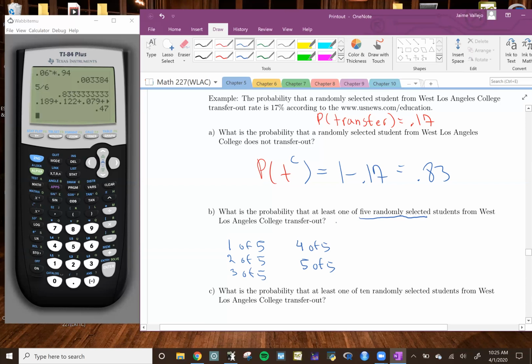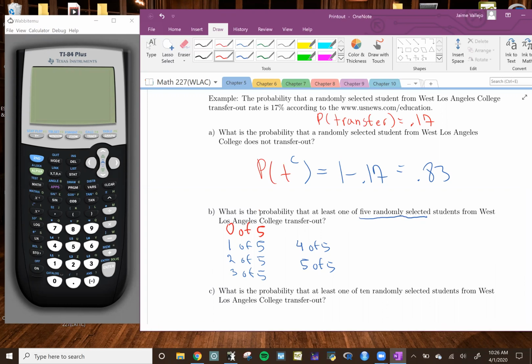Those are all of the possible options when we're looking for at least one. But there's one event that we're not looking for. What is that one outcome we're not looking for? Cool, so that's 0 of 5 transferring out.